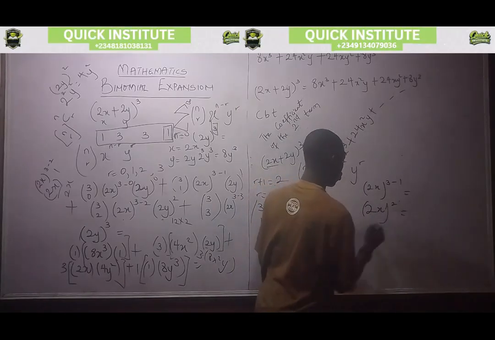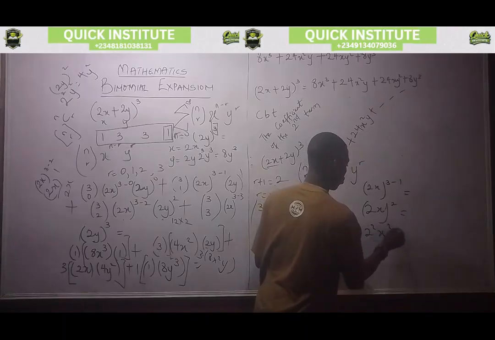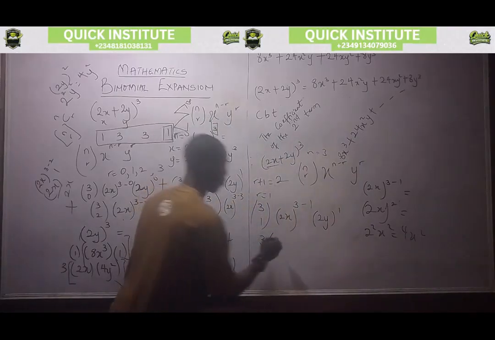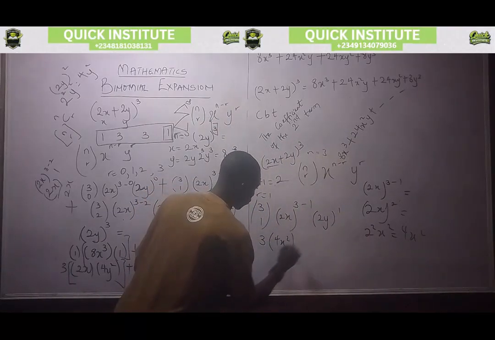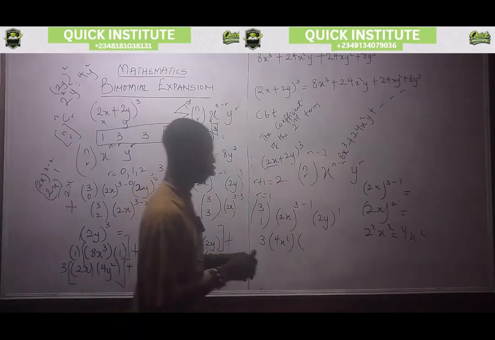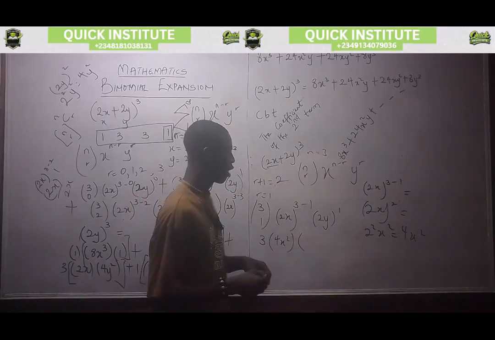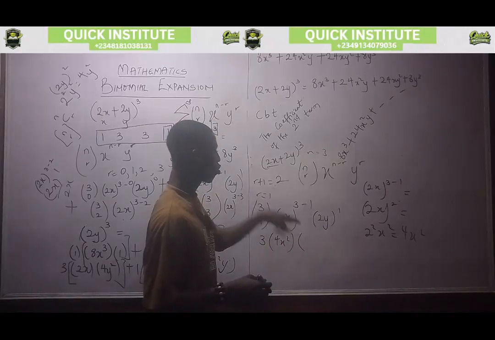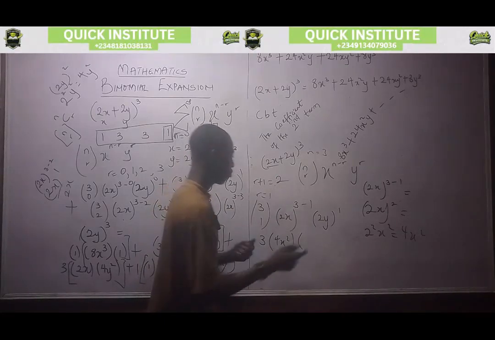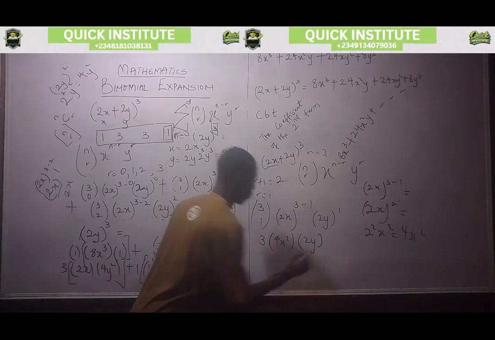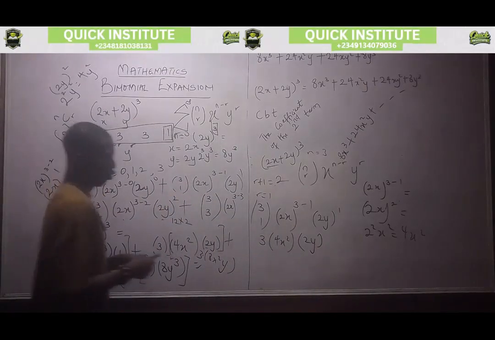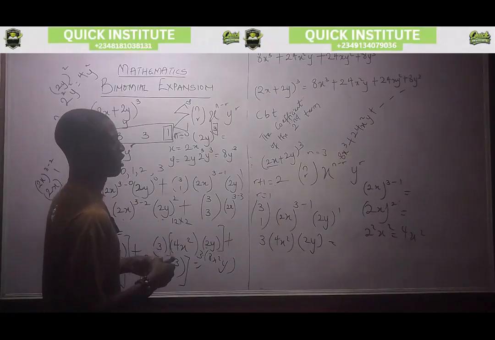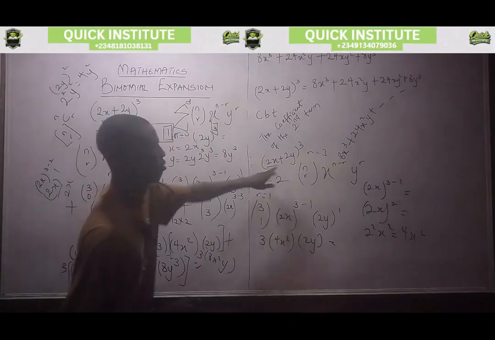So now you have 2 square x square, which is 4x square. We now expand the other one: 2y raised to power 1. Everything in the bracket raised to power 1 is 2y. You simplify further to know the coefficient of the second term of this expansion.